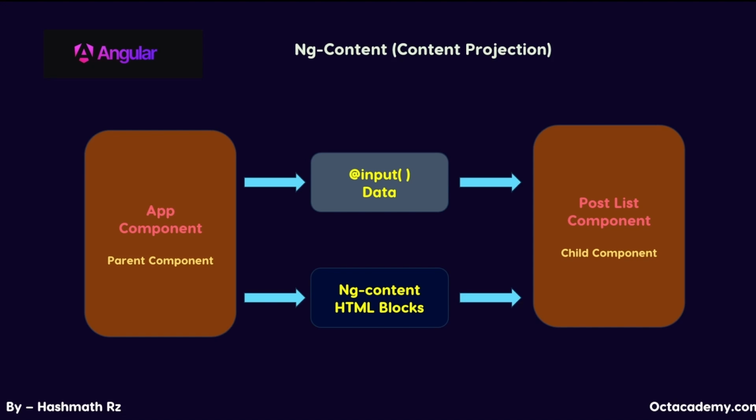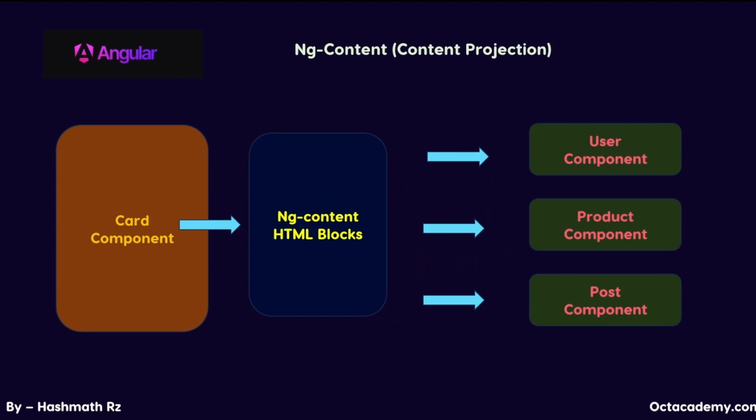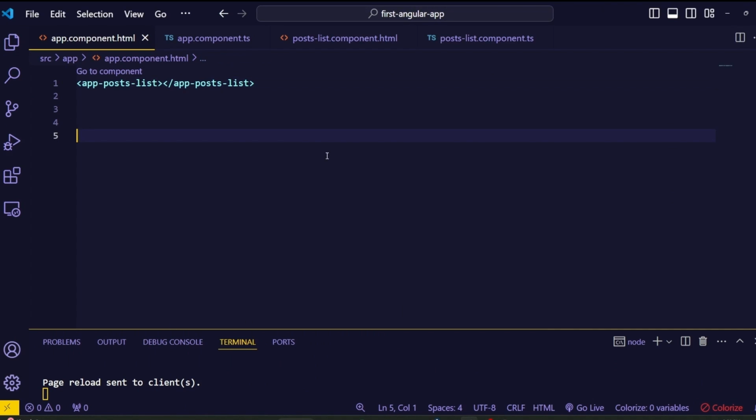Let's think about a real world example. Imagine we are creating a card component for our application. Sometimes we want the card to display a user profile, sometimes a product, and sometimes a blog article. So in this case, instead of creating three separate card components, we can create one flexible card component using ng-content. So let's dive in.